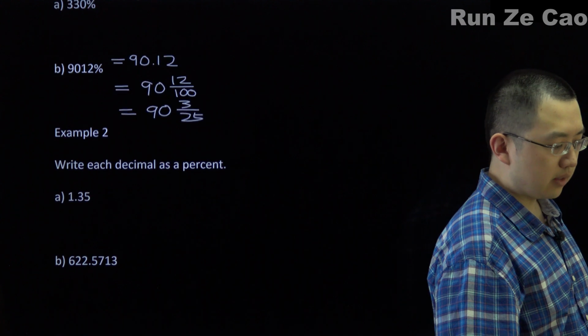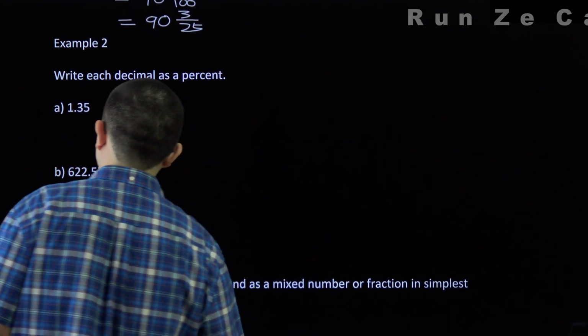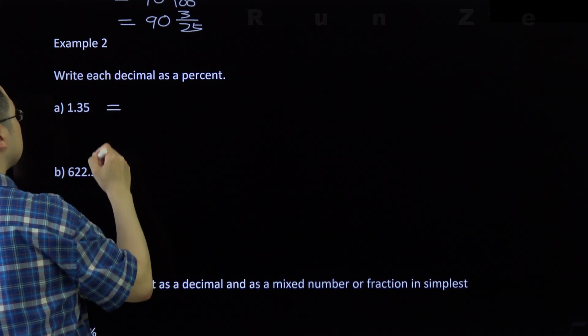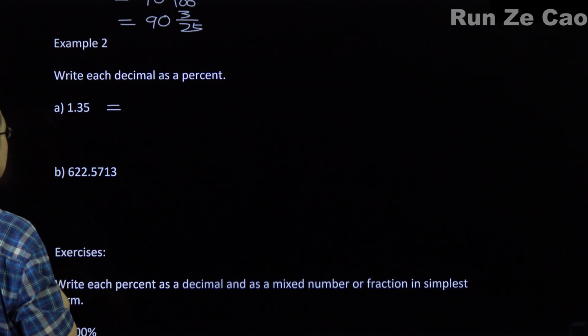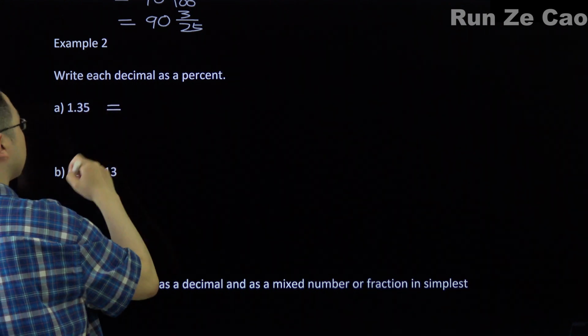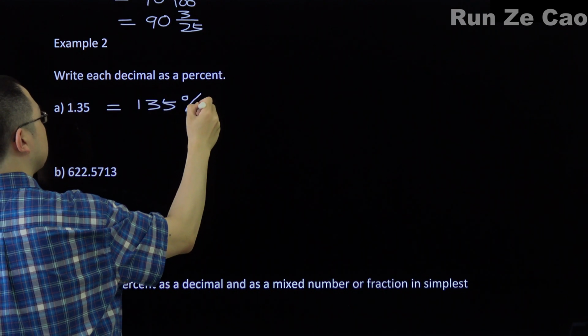So, let's write these decimals as percents. 1.35. Well, there's a reason sometimes the conversion to percent is written out as times 100%. So this is 135%.